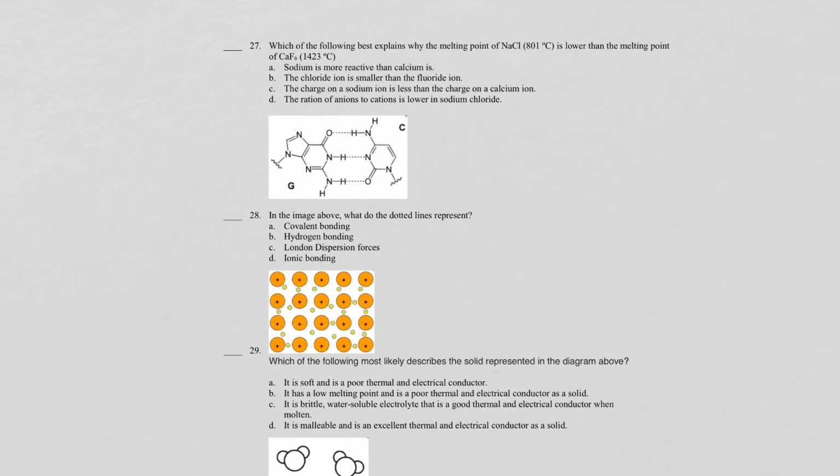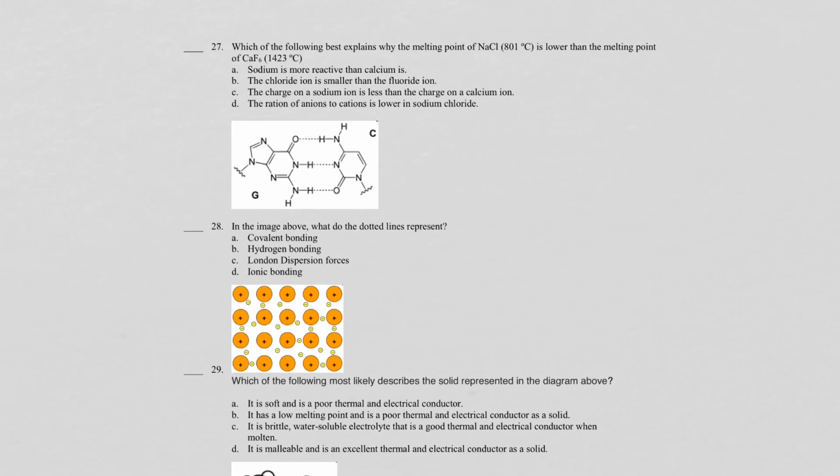All right, and then these last few questions. 27, which of the following best explains why the melting point of NaCl is lower than the melting point of calcium fluoride? That needs to be corrected. And the reason here, again, it's Coulomb's law.